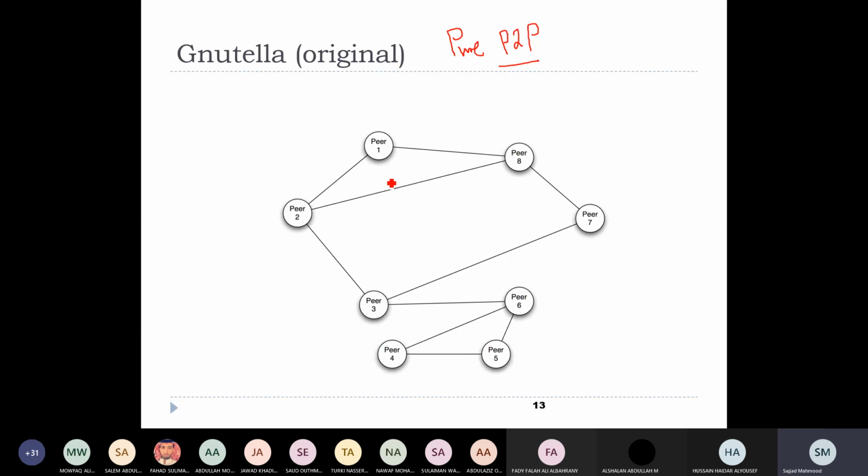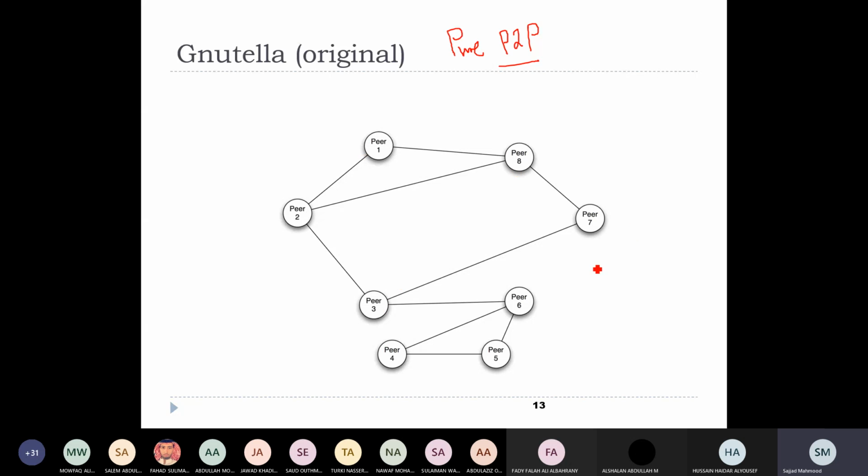What happens here is that each peer, for example peer number 1, since we know that these peers can act as a client and a server, keeps track of their neighbors. Peer 1 knows that its neighbors are peers 2 and 8. Similarly, peer 2 knows that its neighbors are 1, 8, and 3. And 8's are 1, 2, and 7, and so on.